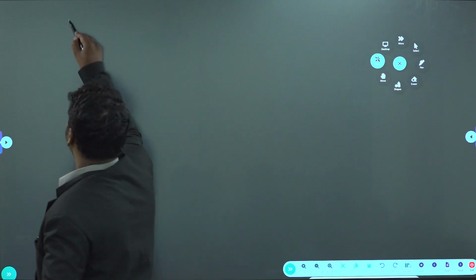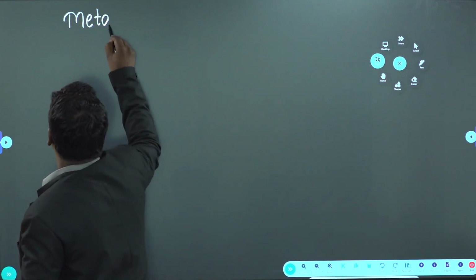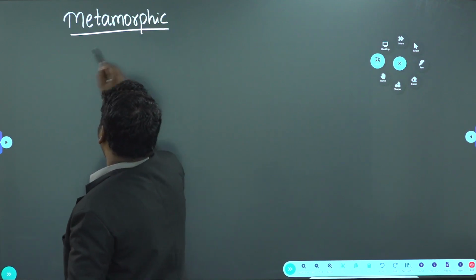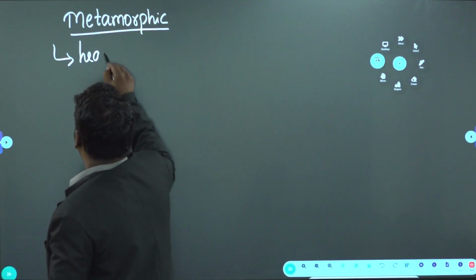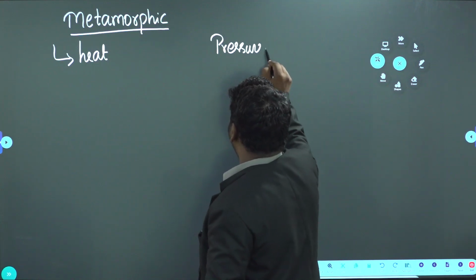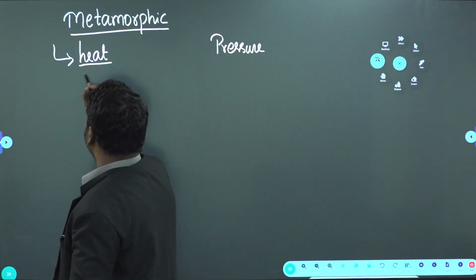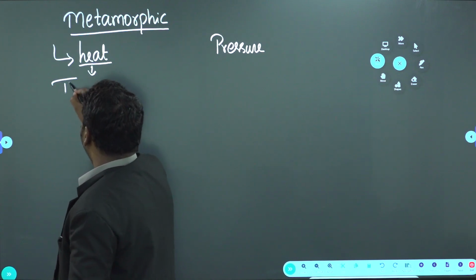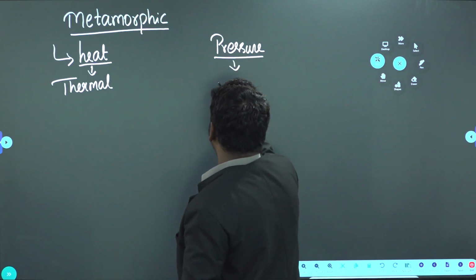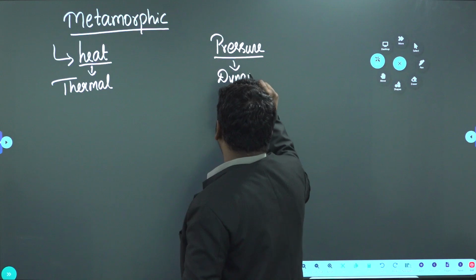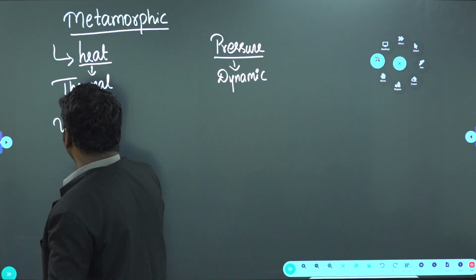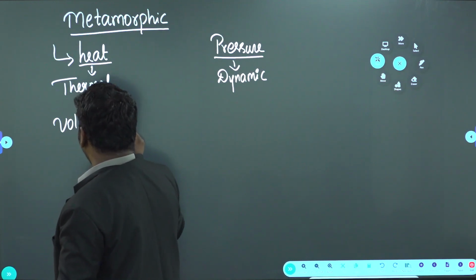How is metamorphic formed? What are the conditions to form metamorphic? What are the two conditions? Heat and pressure. Heat is thermal, pressure is dynamic. Thermal is associated with volcanoes.